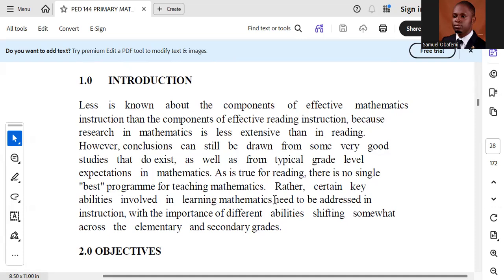If you are teaching a child 5 plus 3 is equals to 8, for example, we have different levels of understanding.